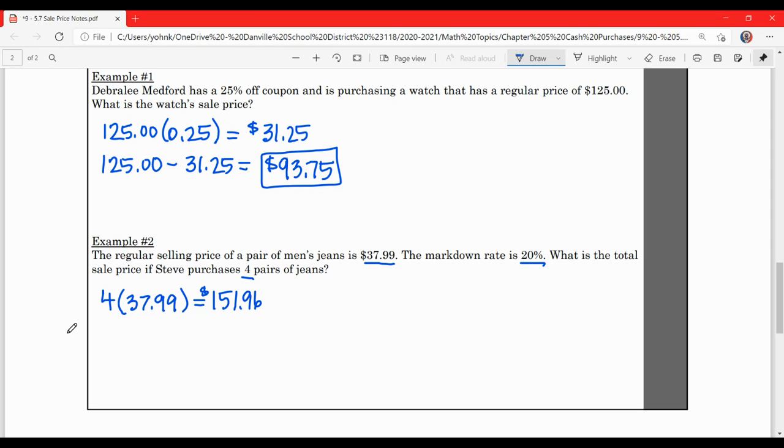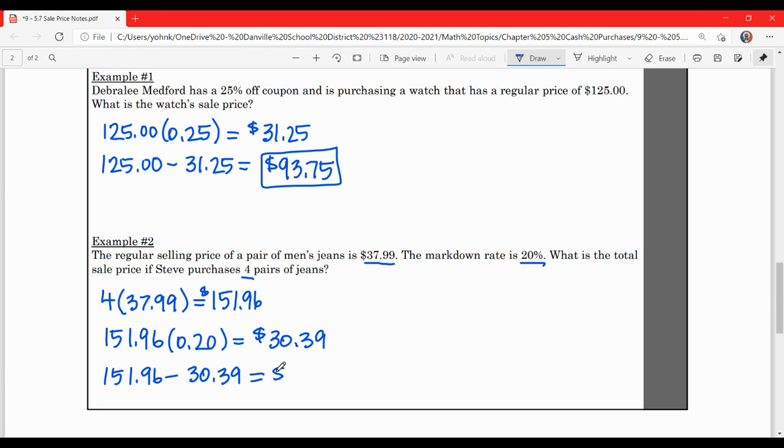Now they're 20% off, so I can take $151.96 and multiply by 0.20. That means that my markdown is going to be $30.39. So to find the total selling price, I take the $151.96 and subtract $30.39.